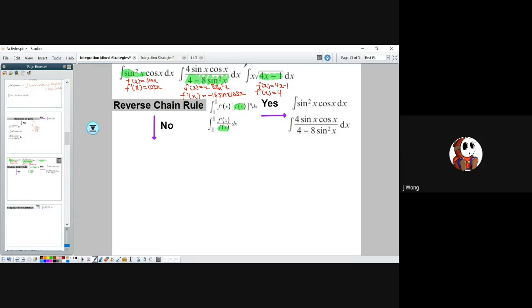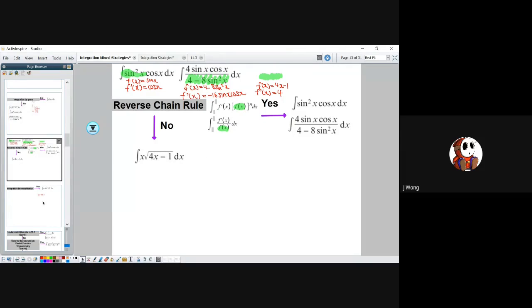If it is different, then you can't use reverse chain rule. Here, the one that I didn't highlight is x, whereas the one that I differentiated gives 4. That does not fulfill the format here, so I could not use reverse chain rule. I'll just bring that forward.